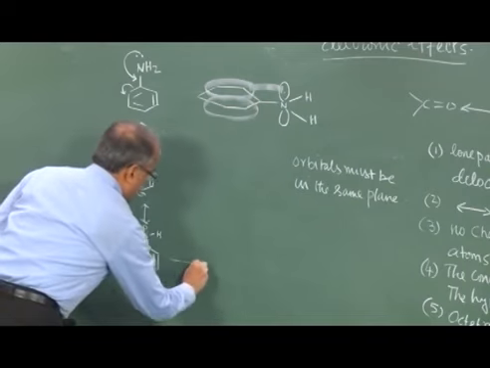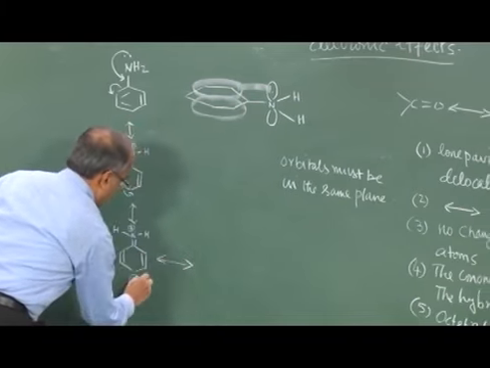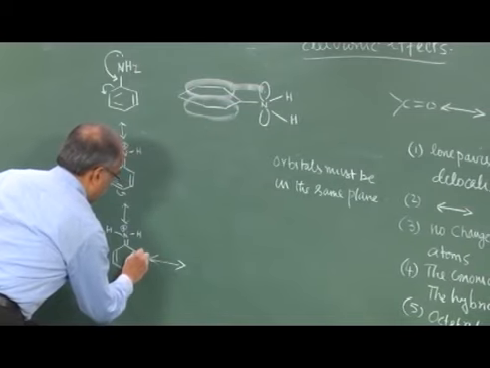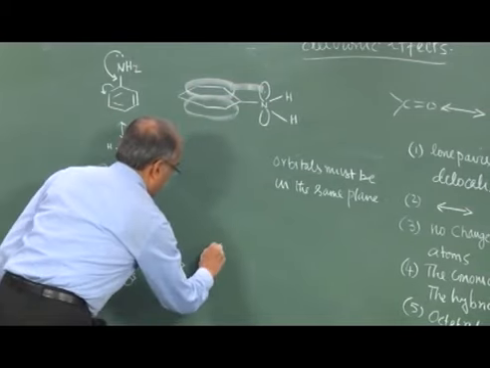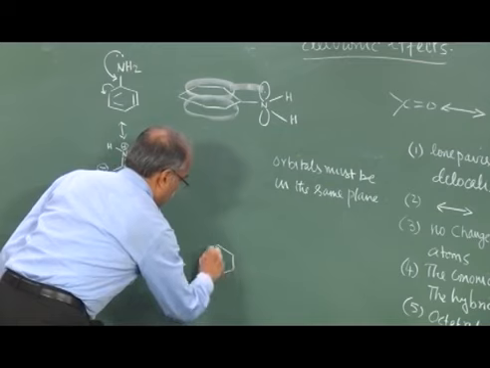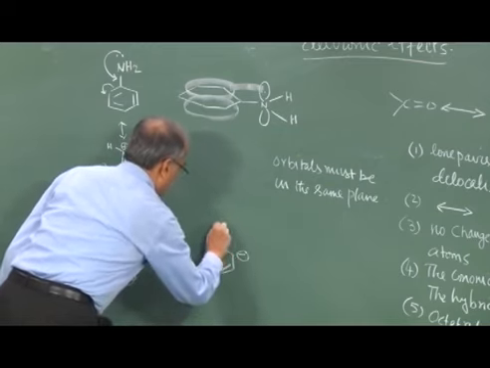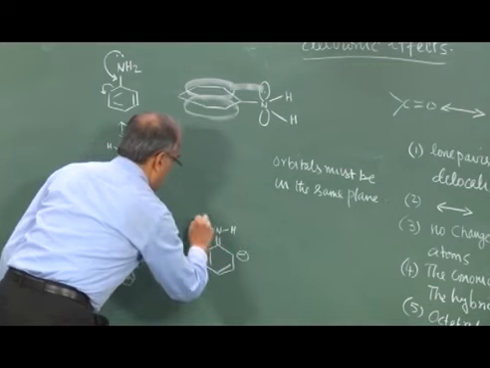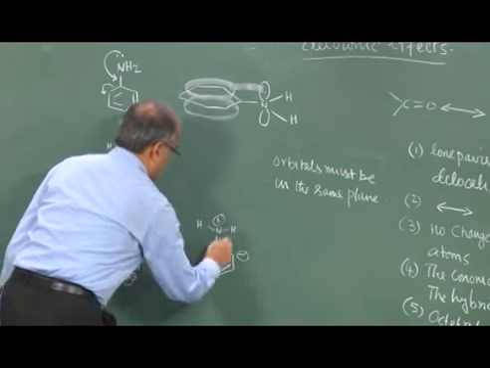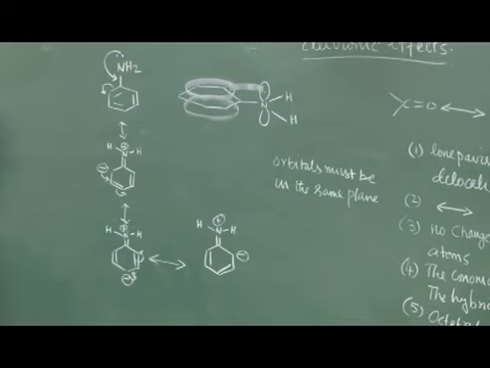We can proceed further to delocalize in this manner, for example. So, these are resonance canonical structures of aniline.